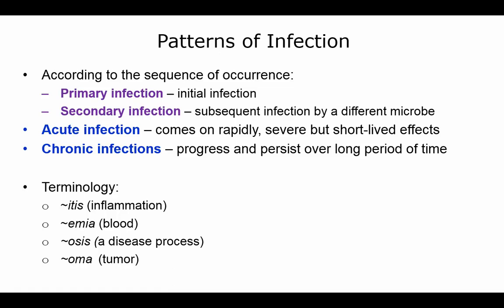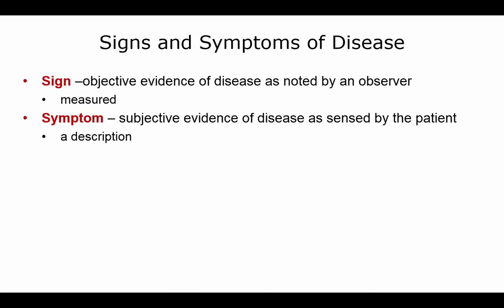The onset is quick, but it's also typically short-lived as far as the infection is concerned. Chronic takes a little bit longer to deal with. Definitely lasts a lot longer as well. They also mention some terminology at the bottom of the screen that we typically associate a lot with infections, inflammation, -itis, right? So that's something that we talk about in anatomy as well.